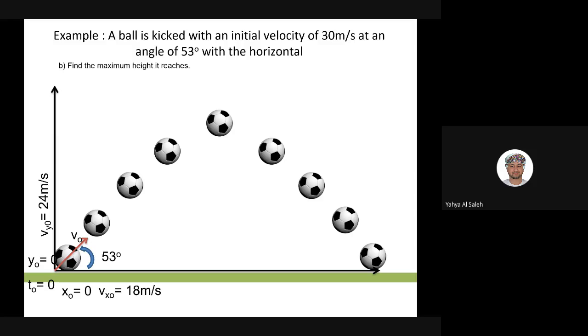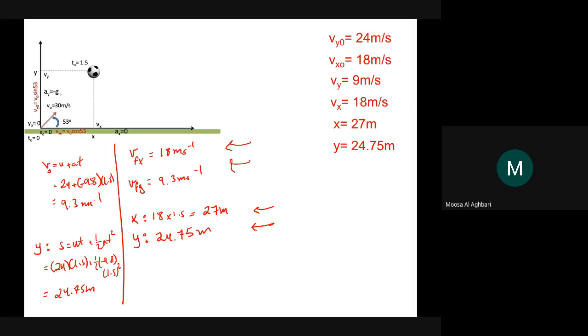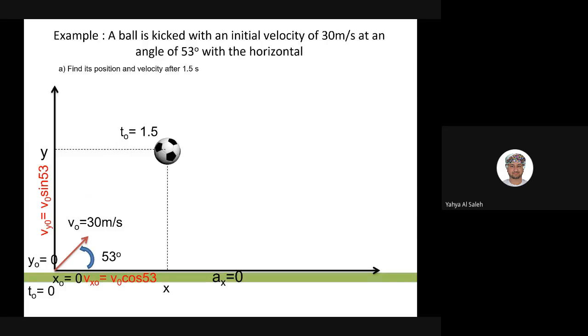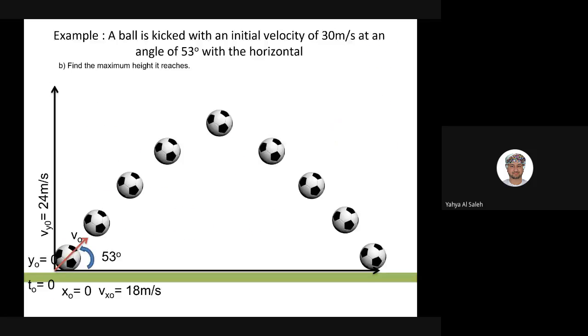Next part of the question. Find the maximum. If we want the speed, we find the magnitude of the 18 and 9.3. So if the question asked for the speed instead of the velocity, did it look for speed or velocity? The question asked for velocity.